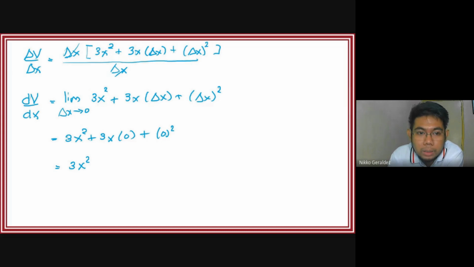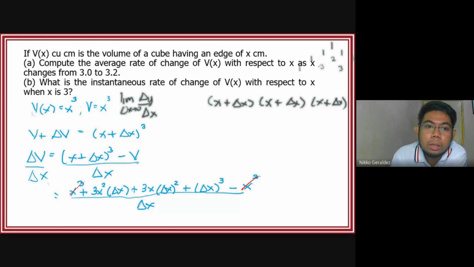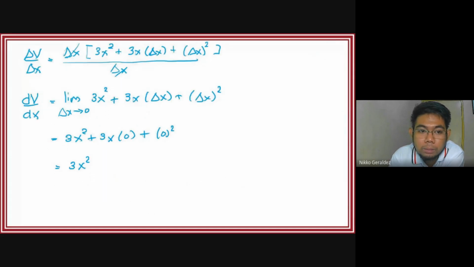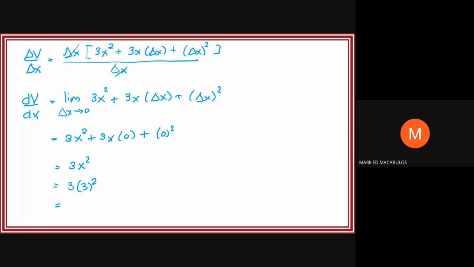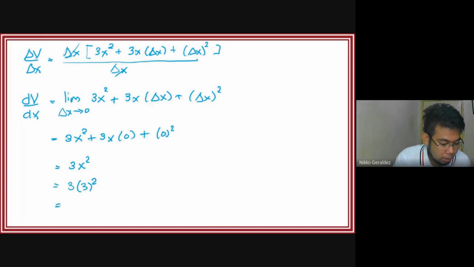So hinahanap natin is instantaneous rate of change of v with respect to x when x is 3. So substitute natin yung 3. So we have 3 times 3 squared. So the answer is 27.